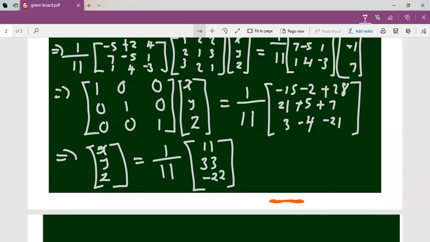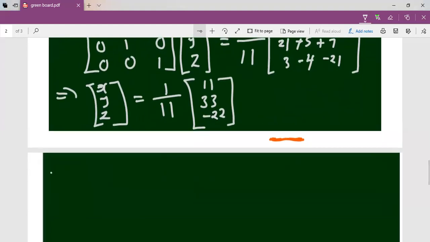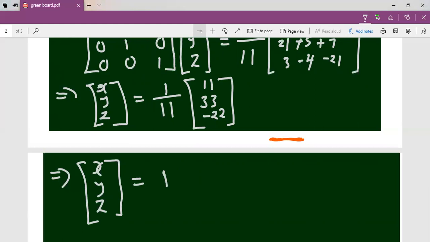This implies that X, Y, and Z as a matrix will be equal to, when you multiply 1/11 by 11, you get 1. Then 1/11 by 33, you get 3. 1/11 by -22, you get -2.